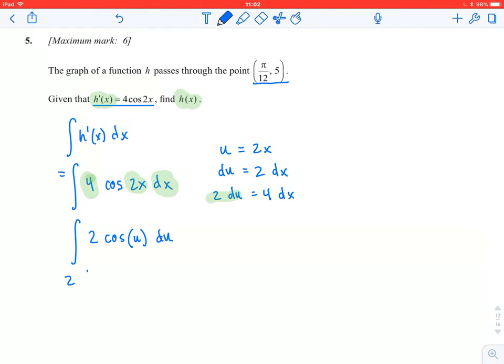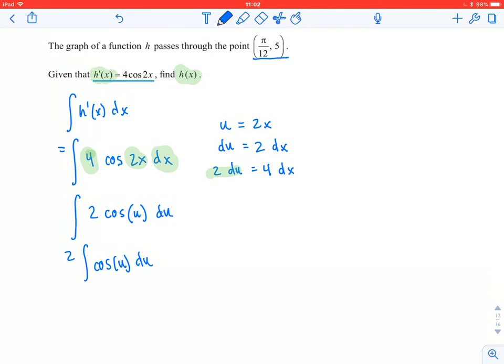Pull the 2 out front. And then we have the integral of cosine of u du. And that is a straightforward antiderivative. That is just going to be 2 sine of u. Let's put in the plus c, very important. And now let's substitute back our substitution of 2x for u.